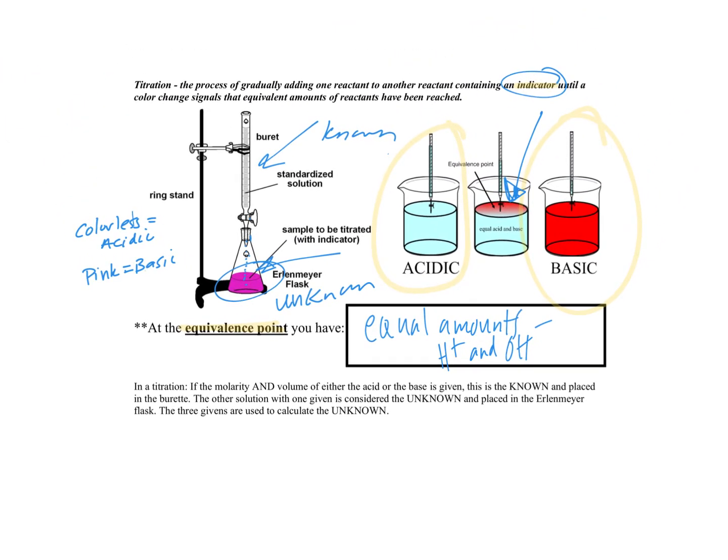So typically in a titration situation, your known is something you know the molarity of and you know the volume of. And then your unknown, you either have the molarity or the volume, but you don't have both. And so it's the process of allowing you to find an unknown value, because once we know how many moles there are, let's say, of the acid, you can now figure out how many moles there are of the base, assuming you've reached the equivalence point.